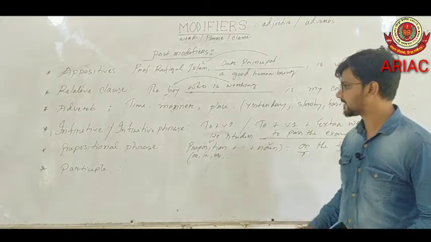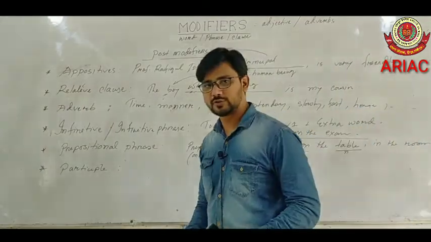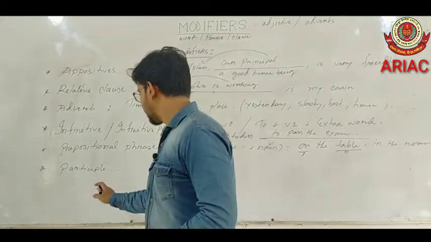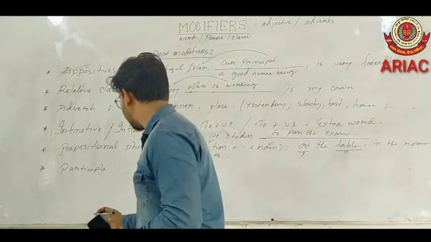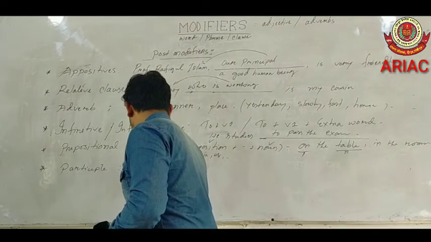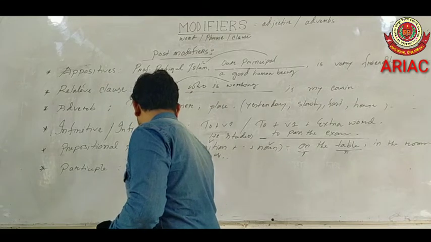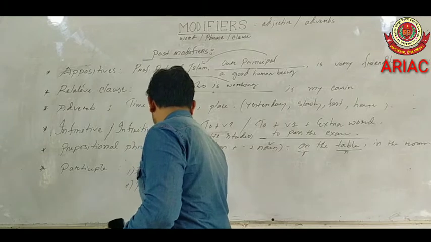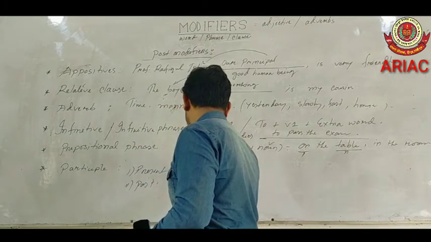And what are participles? In the last class I discussed what a participle is. A participle is basically like an adjective. Participles are two types: number one, present participle, and number two, past participle. Present participle means verb plus ing, like entertaining, going, running.